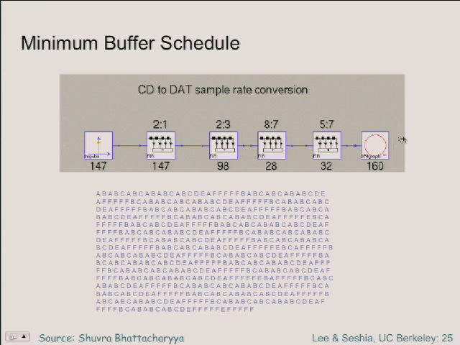This one will fire 98 times, this will fire 28 times, this will fire 32 times, and this will fire 160 times. And if you look at the relative sample rates, if this is sampling running at 44,100 firings per second, this will do 48,000 firings per second.